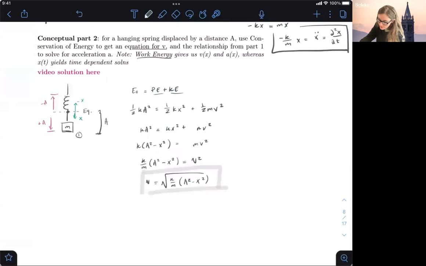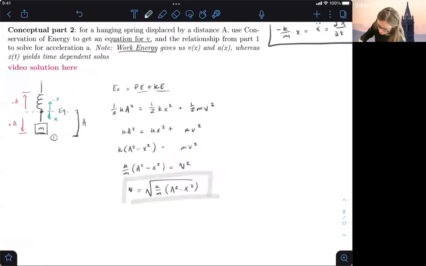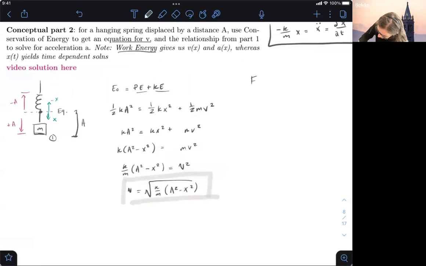Okay, so what about acceleration? We talked about this a little earlier. If F is equal to negative kx, my spring force Fs, and F is equal to ma, with a being x double dot, that's our acceleration. We're going to solve for an expression for acceleration.